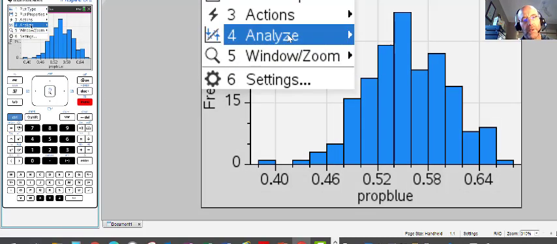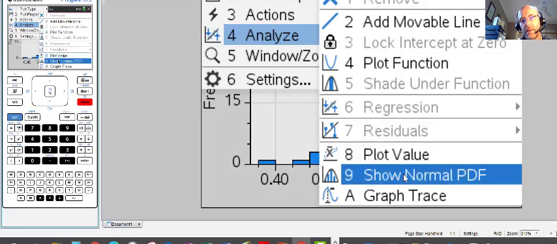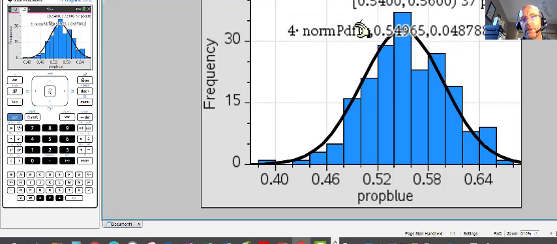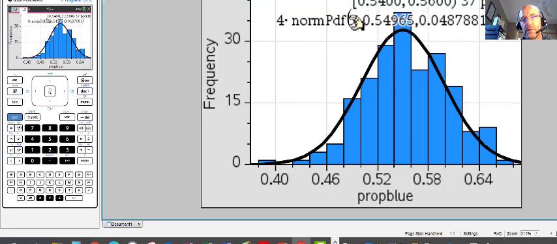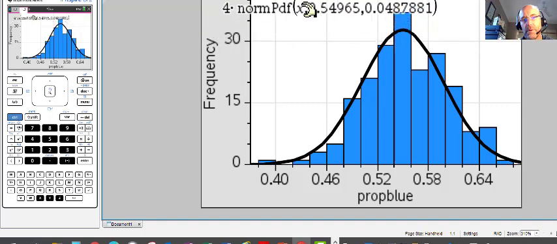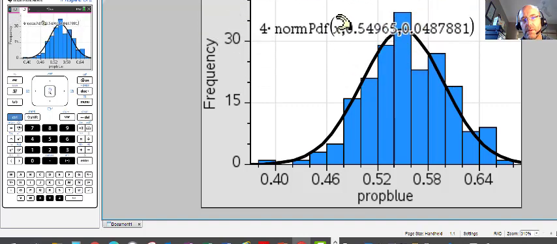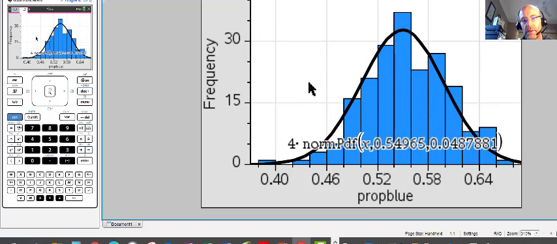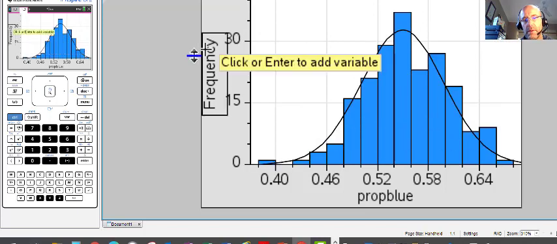So we're going to analyze the graph and show as a normal PDF, probability density function. Now let's move that somewhere where we can read it. How's that? Can you read that? Oh, it went away.